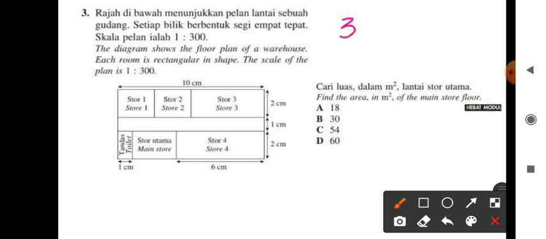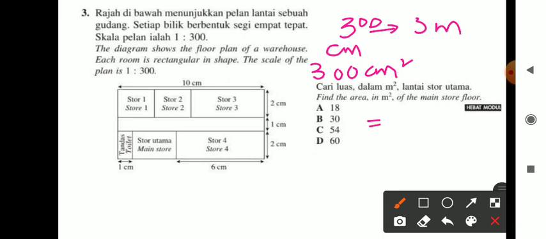Because 3 cm can be 3 meter in reality. But 300 cm square, what am I talking about? 300 cm is 3 meter. But 300 cm square is how many?